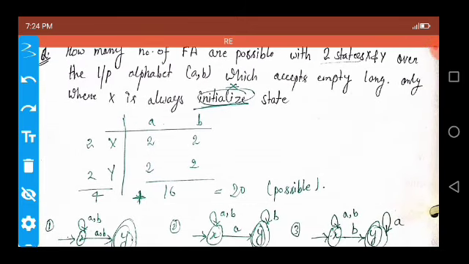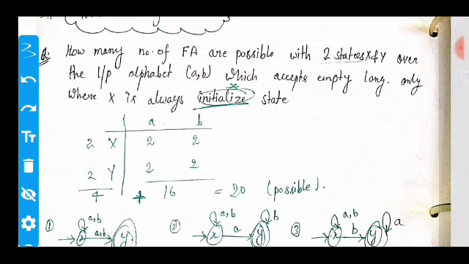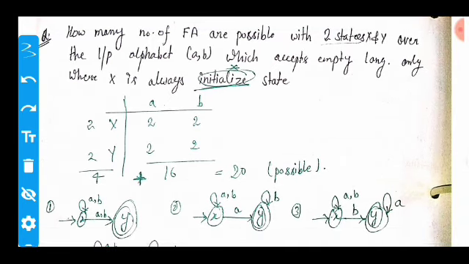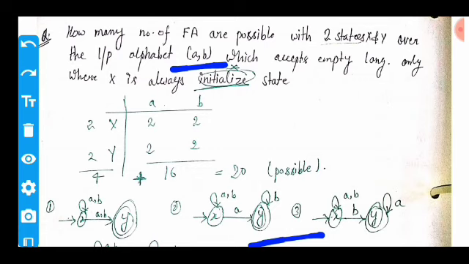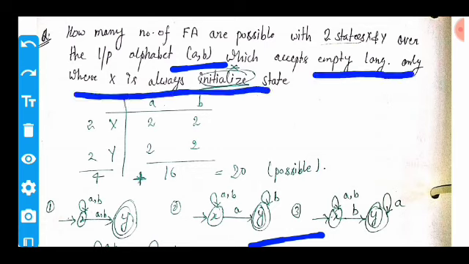How many finite automata are possible with two states X and Y over the input alphabet A, B, except the empty language, where X is always the initial state?